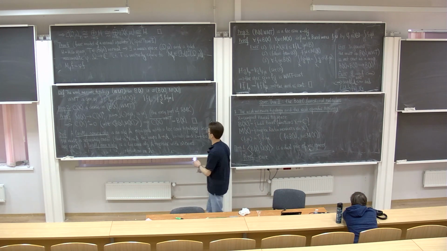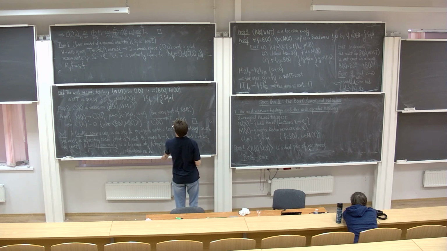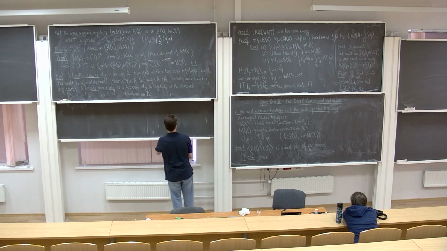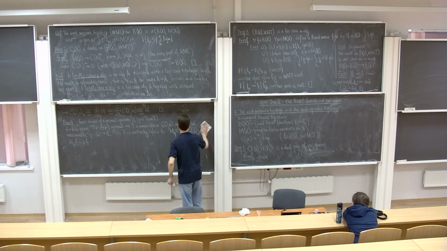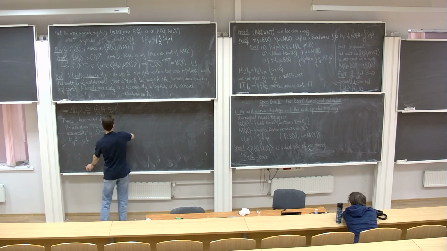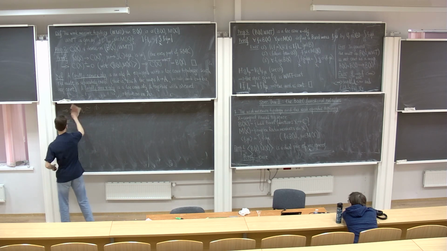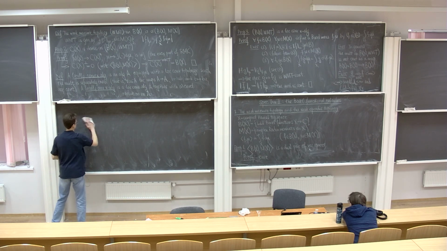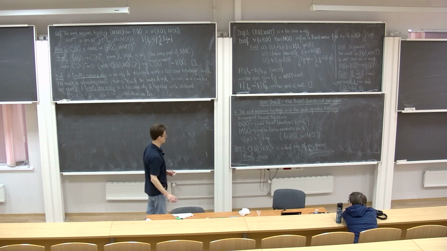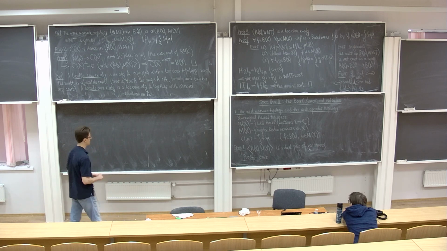Okay, let's now discuss the weak operator topology. The weak operator topology is defined on the algebra of bounded operators on the Hilbert space. In fact, the algebra of bounded operators on the Hilbert space has many useful topologies, and the weak operator topology is only one of them.